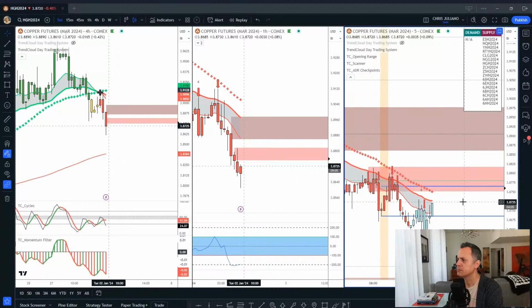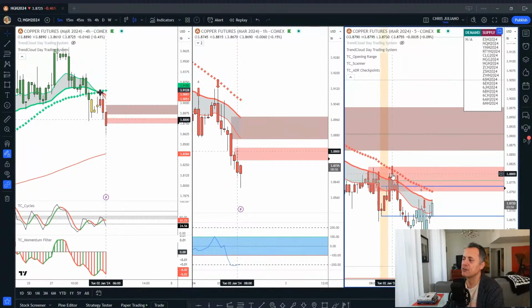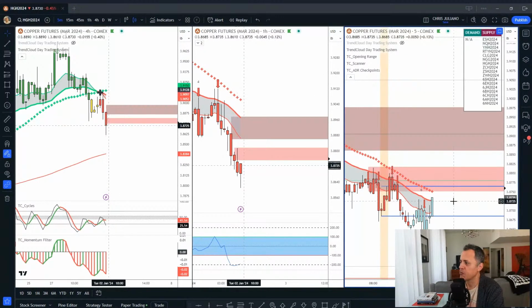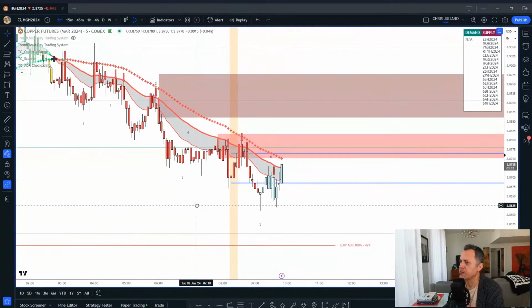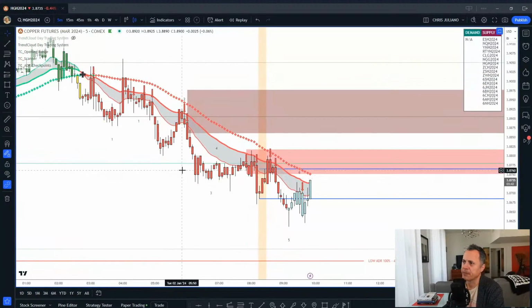You know, when it moves back up into this area, we can also start looking for those TrendCloud signals. Okay, so this would be an opportunity, and it looks like it wants to make this move now. These signals here, these are momentum-based signals, right?